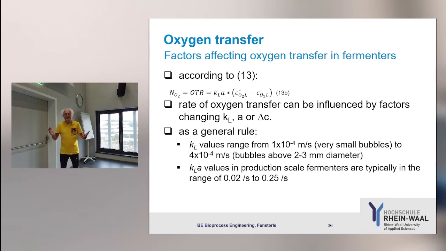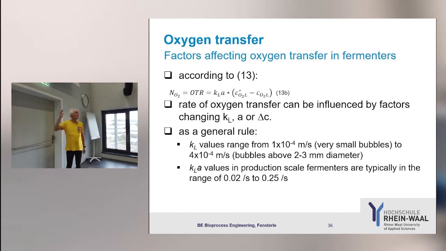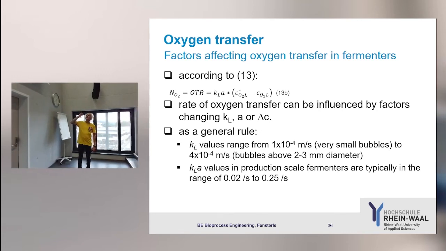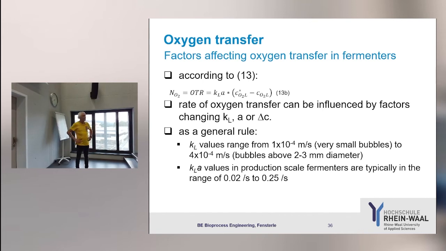So we don't have the value set, but this is the range you can expect. And if you get a result with your calculation which is 5 per second, and you have invented such a bioreactor, you would be rich. The problem is, in such a bioreactor even the bacteria will most likely not survive. And the energy input in such a bioreactor will certainly make your electricity provider ask what you are actually doing there.